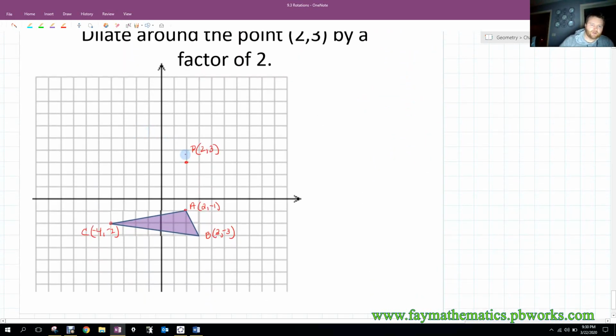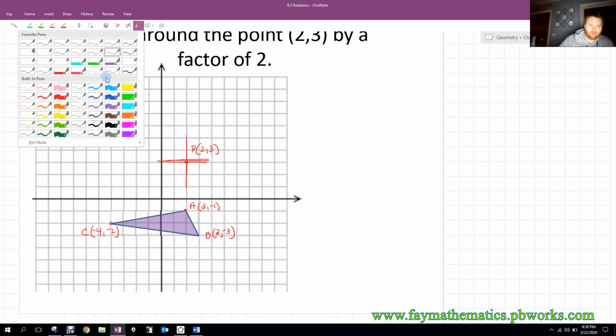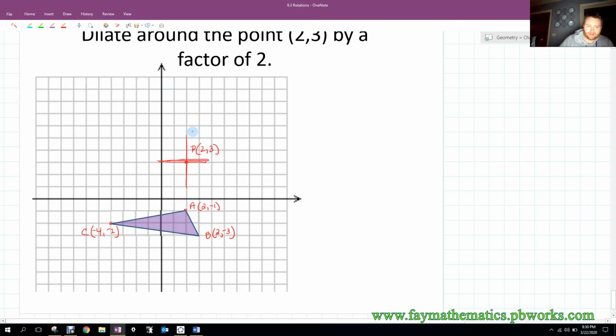So what we have to do is tell the problem essentially that that point is really 0, 0, and then relabel everything off of that being 0, 0.